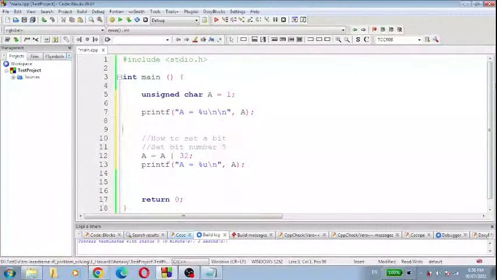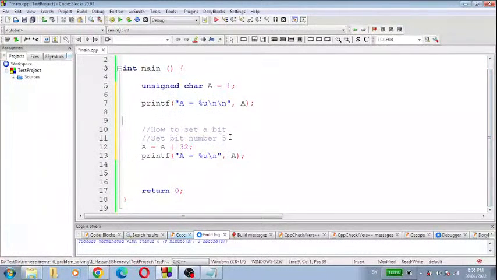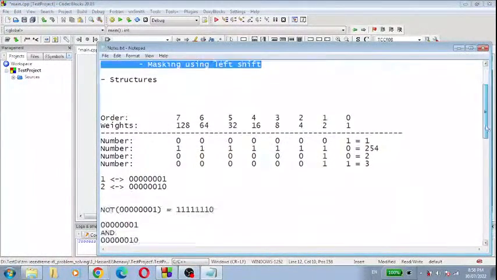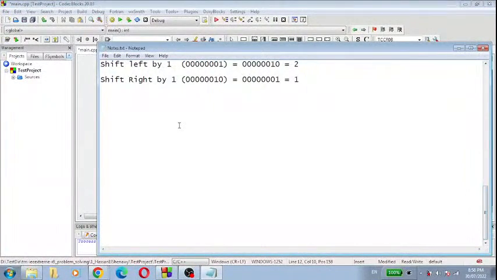Here I have a requirement that tells me that you need to set a bit. How to set a bit? I want to set the bit number 5. I want to set the 5th bit within this variable, which is a. So I have a, which is 1. 1 is going to be equivalent to 0 0 0 0 0 0 0 and 1.